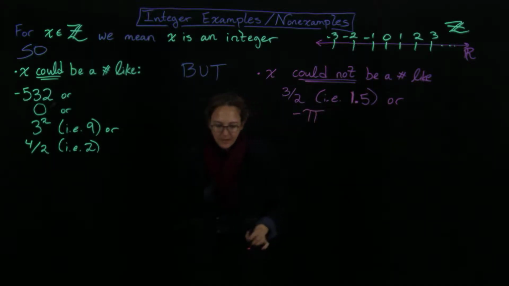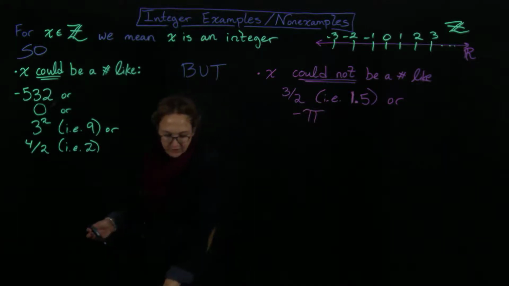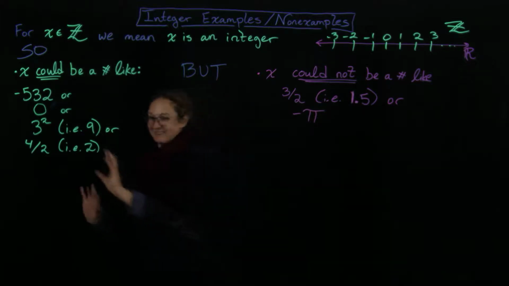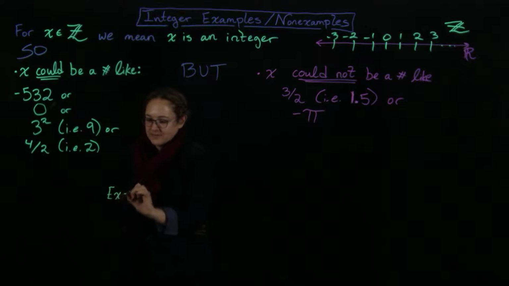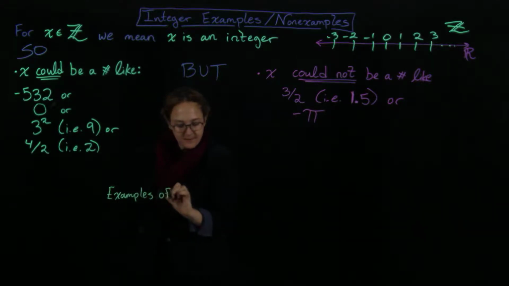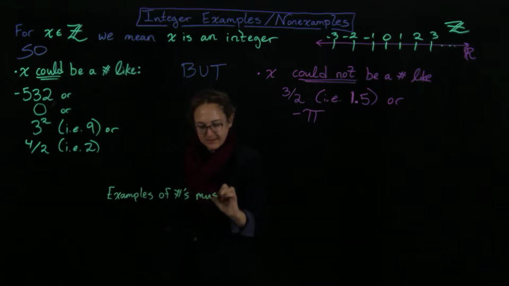Okay. Let's look at some examples of numbers that must be integers. We'll do these in green because they're examples of integers.